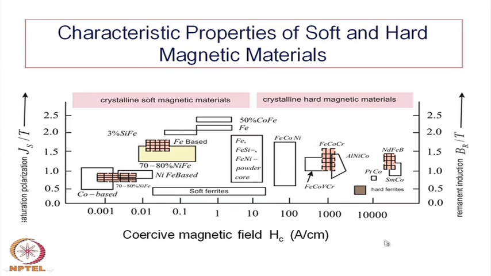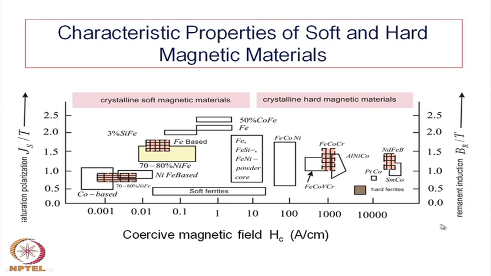On the x axis we have plotted the coercive magnetic field, that is Hc, measured from the hysteresis curve, and here it is the saturation magnetization, once again from the top of the hysteresis curve.